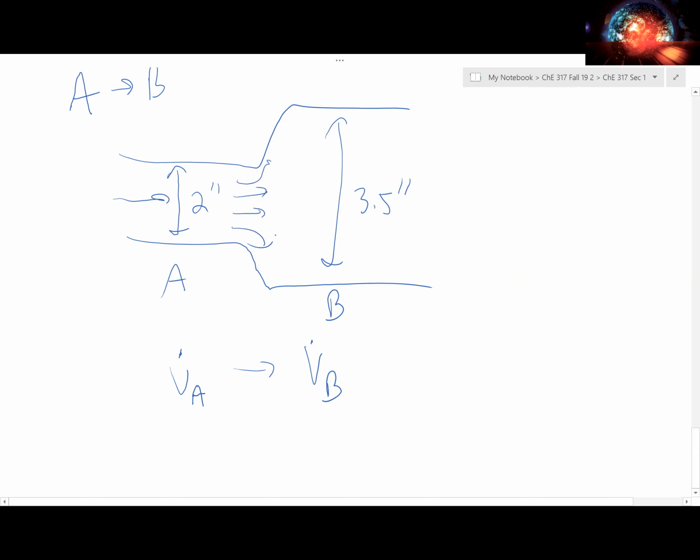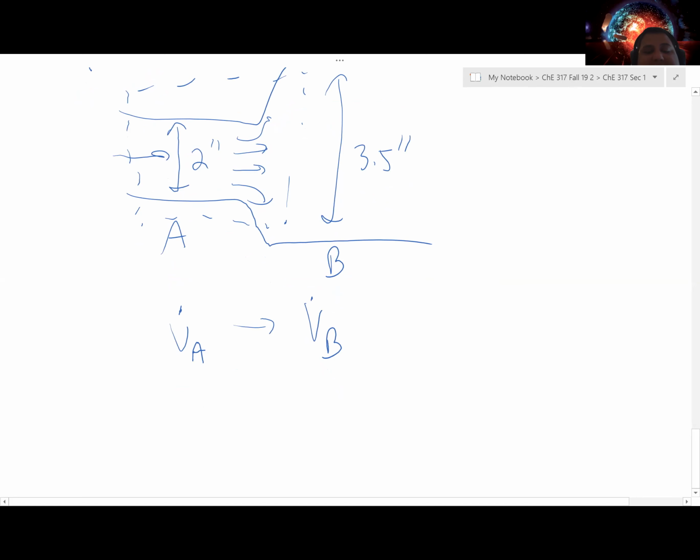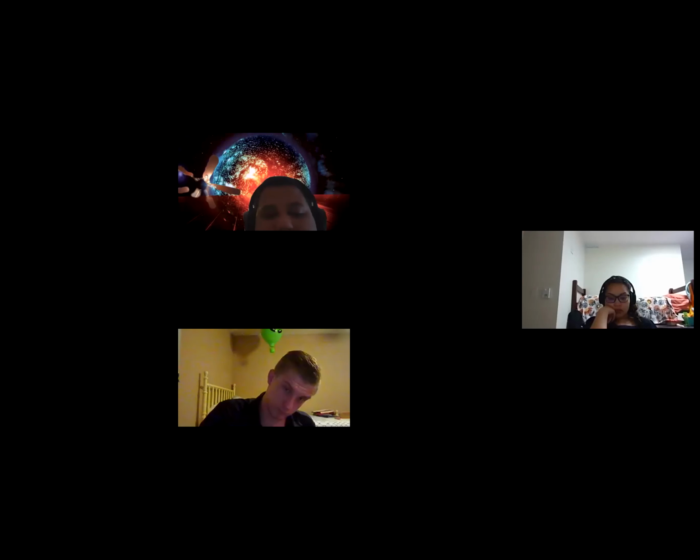So if it's a mass balance, if this is my system, I drew a little magic box around that. All the fluid that's in A or flowing through the A box is going into B. And by that, I would say that all the mass that's coming into A is coming out of A and going into B. And from that, the volumetric flow rate of A equals the volumetric flow rate of B.